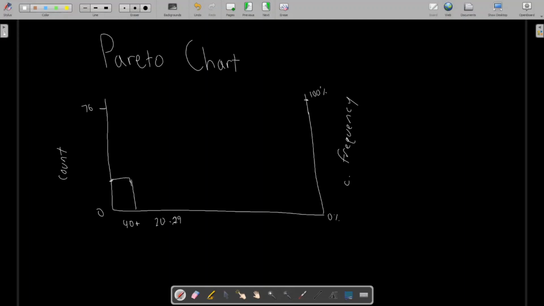And this had a count of 18. This one's 23. This one will probably be a little bit lower. Say, going up to about here.